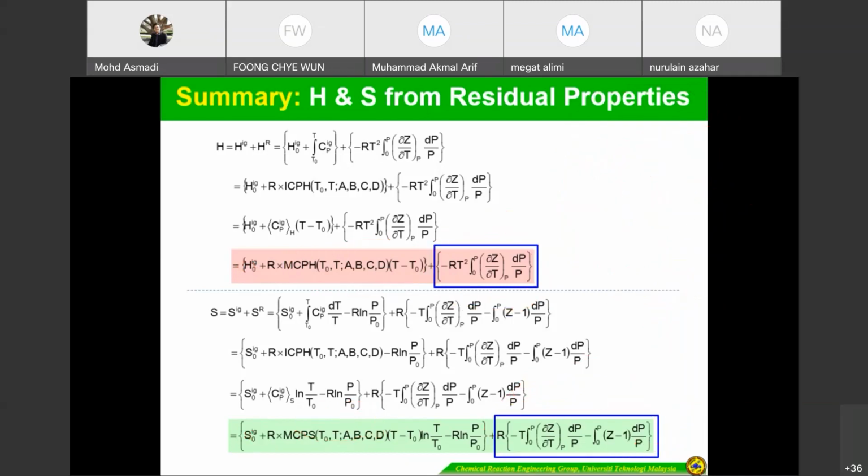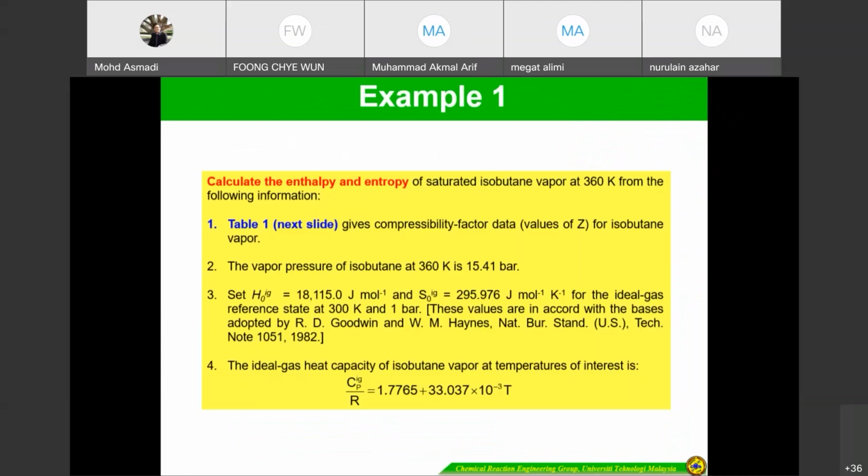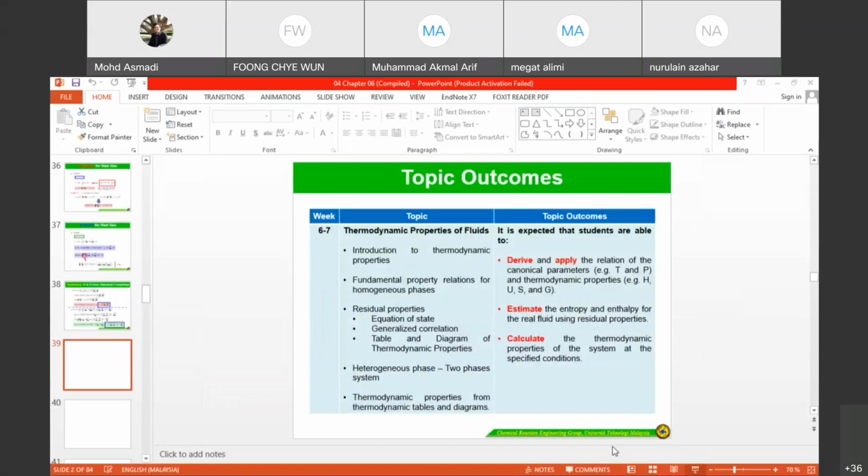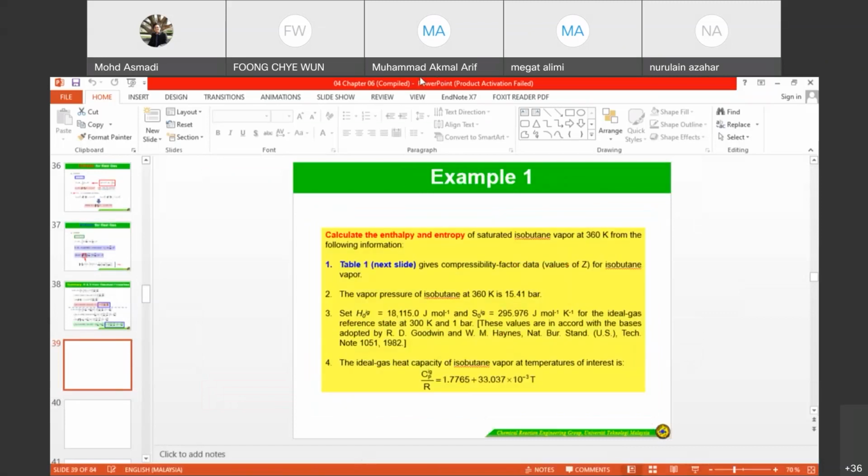Okay, let's see the example if we want to determine by using a graph. Calculate the enthalpy and entropy of saturated isobutane.